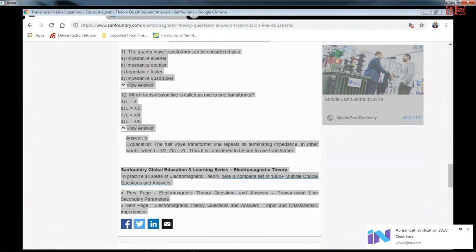So basically we should remember this capital gamma is a complex quantity. Capital gamma is equal to ZL minus Z naught by ZL plus Z naught only at the load location. As you travel along the transmission line at various locations, it is going to have some additional things coming up.